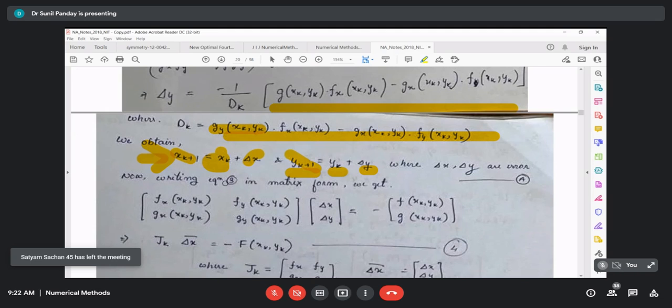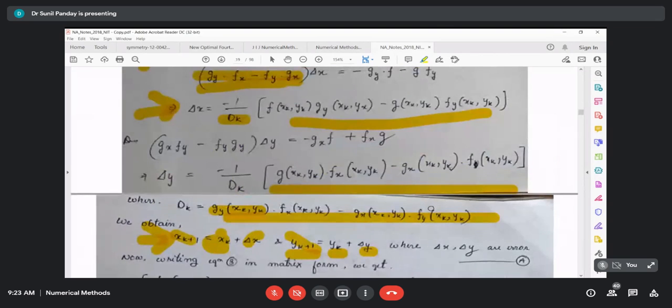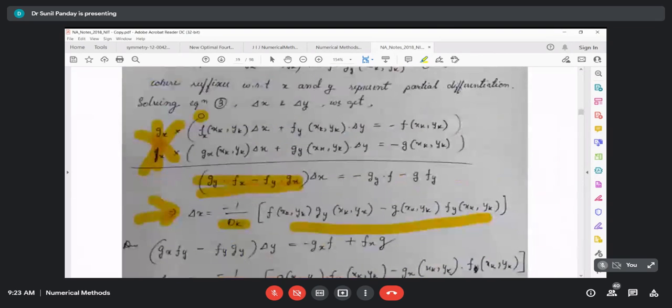So we can write all this in matrix form also, like this is your equation. This equation can be rewritten in terms of matrix notation. Here delta x and delta y are the unknown variables.